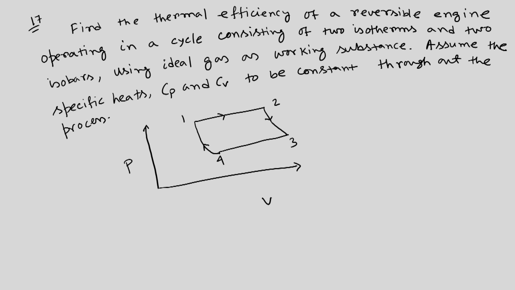This is the cycle we need to consider. It goes from state 1 to state 2, then from state 2 to state 3, and from state 3 to state 4, and it comes back again from state 4 to state 1. Okay, so what is the solution? Solution of this problem.